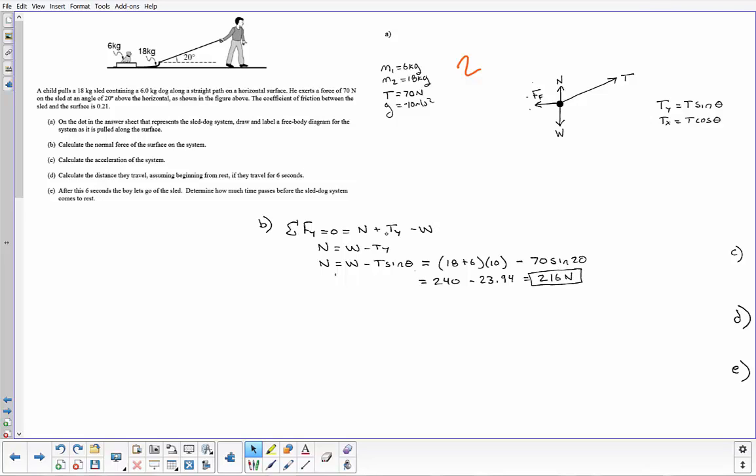Looking for the normal force, so I isolated N. Paid attention to recognize that my weight was actually both masses times gravity. And then I subtracted T sine 20 to get 216 newtons.